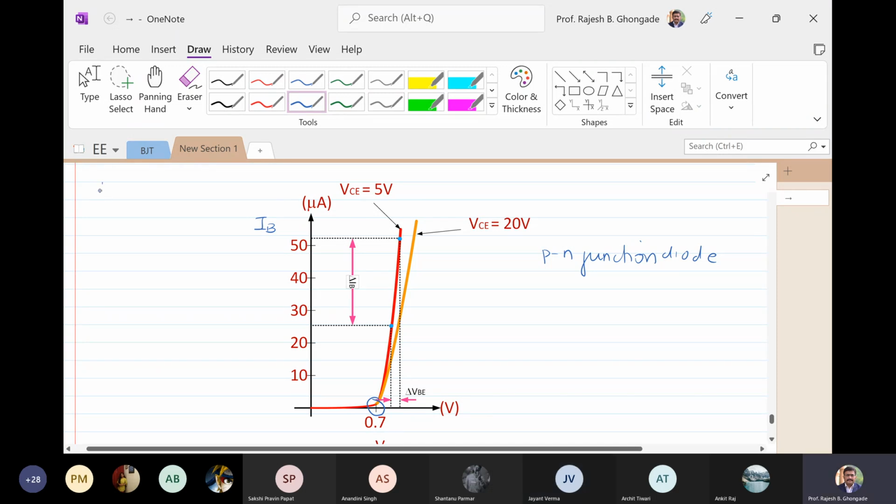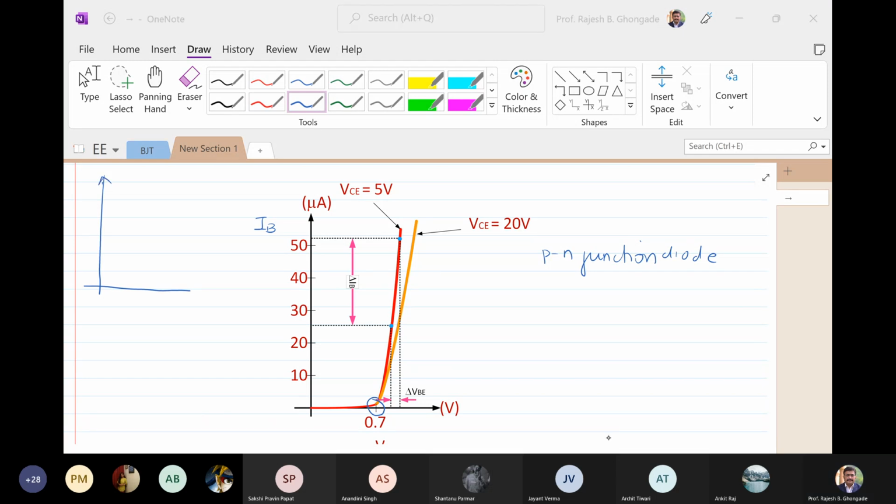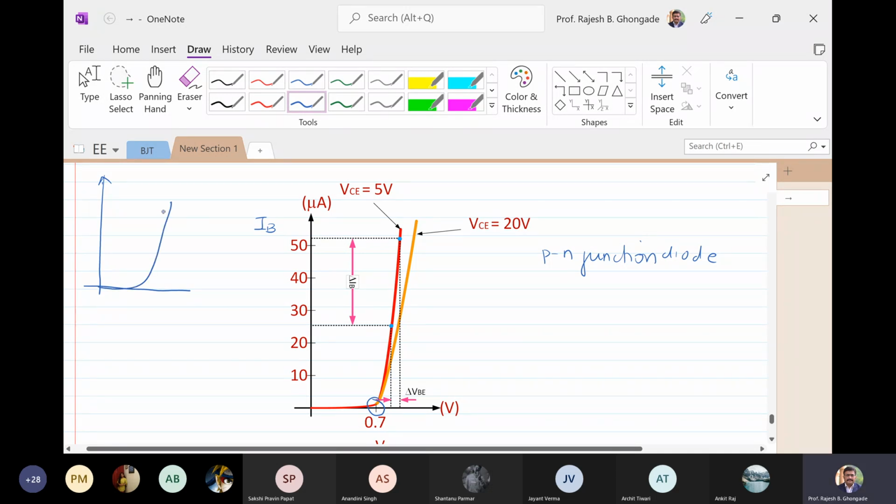Whenever you have resistance, for example, on this curve, this is IB, this is VBE, and if I want to find the resistance, I can do that as a static value. At this point, this is your IB1, and this is VBE1.